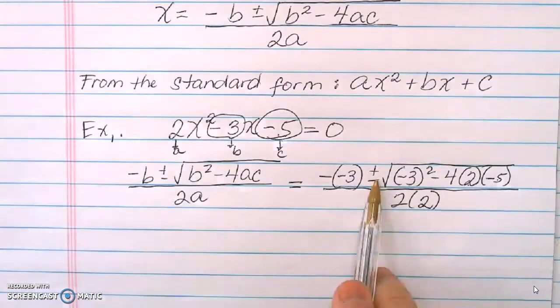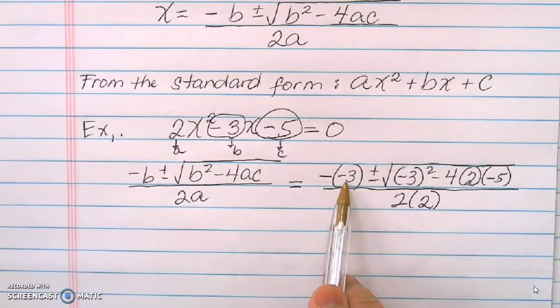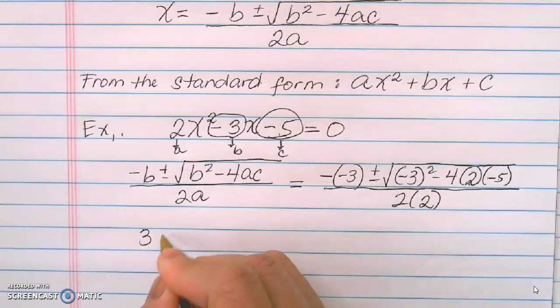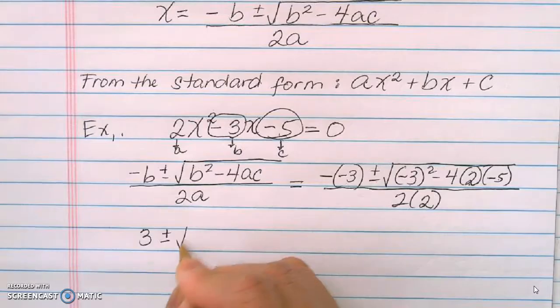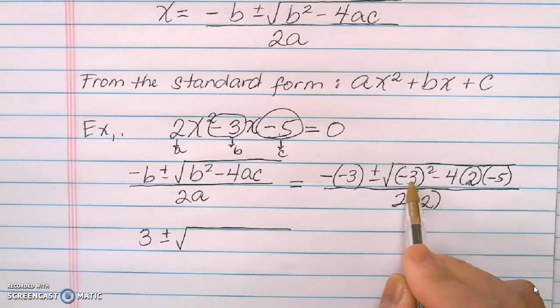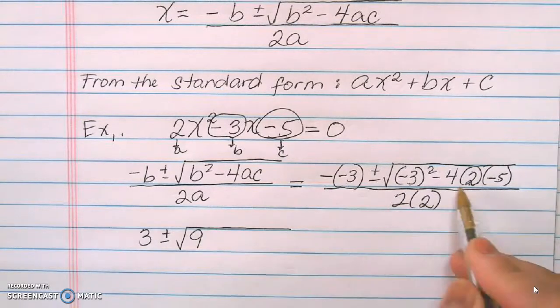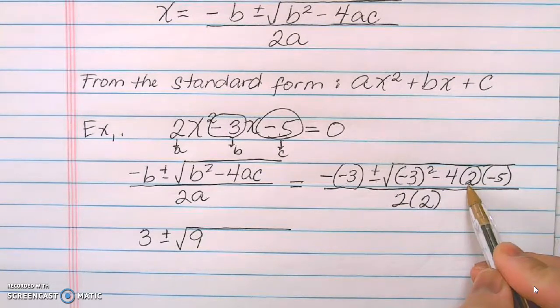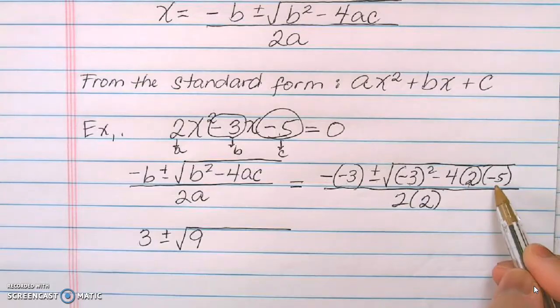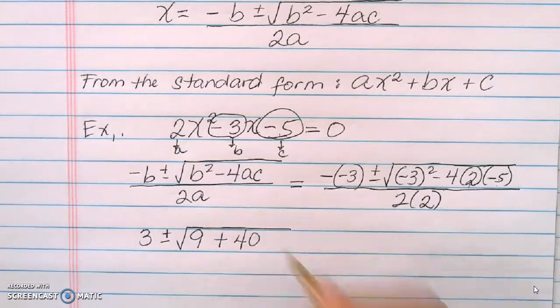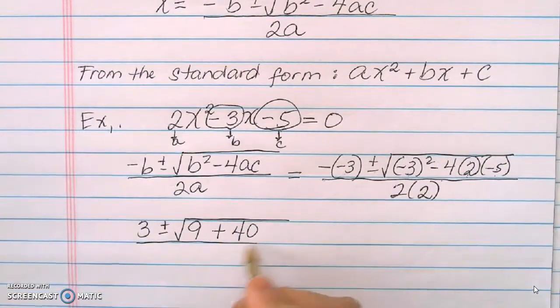I'm going to solve this here on this side. Negative times negative 3 is a positive 3 plus or minus the square root of negative 3 squared is a 9. Negative 4 times 2 is negative 8 times negative 5 is positive 40 all over 4.